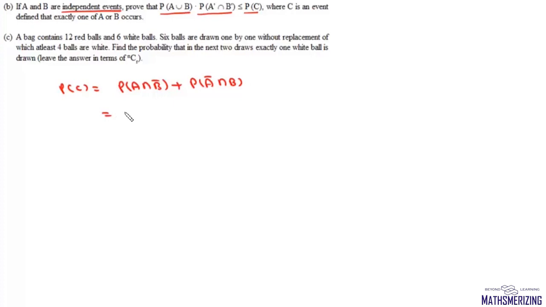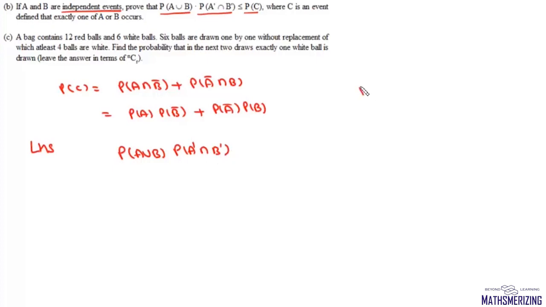Now this is probability of A into probability of B naught plus probability of A naught into probability of B. Now if we look at this left hand side, we can write it as probability of A union B into probability of A naught intersection B naught.